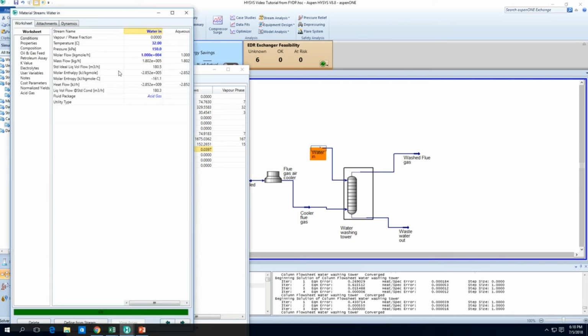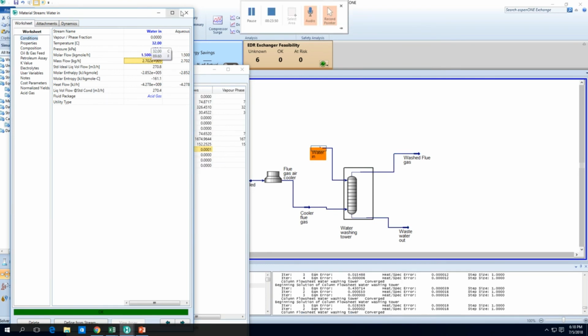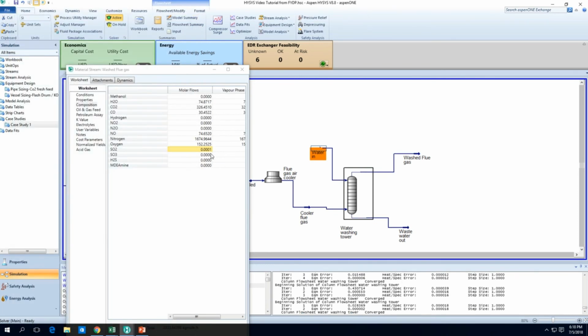Okay, so let's just increase it a little more just to be safe. So now basically all the NO2 has been washed out. Some of the CO2 has been washed out, and most of the SO2 has been washed out. Okay, so this is just a preferential absorption.